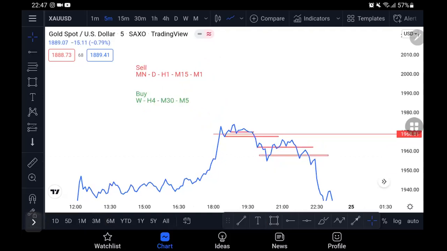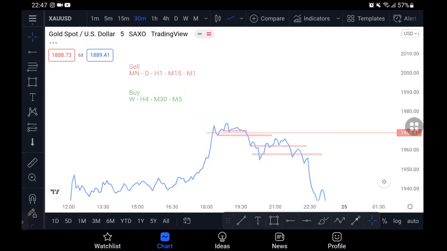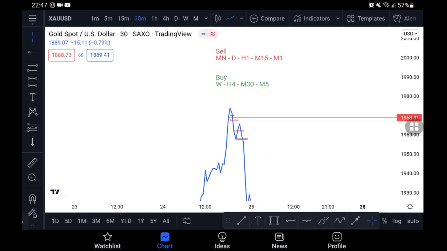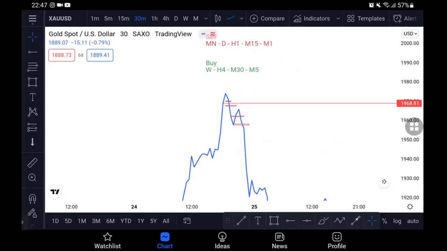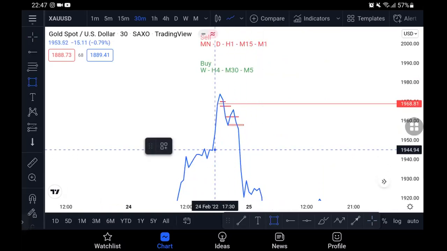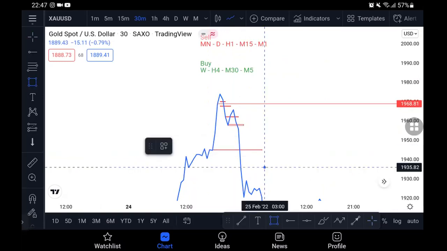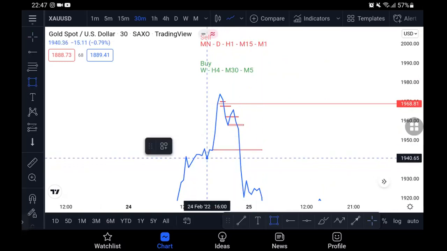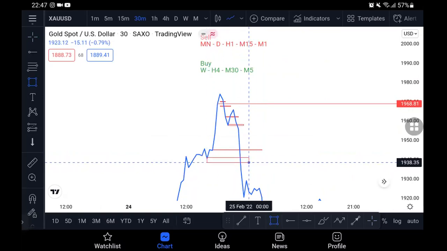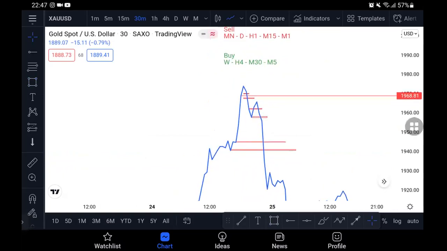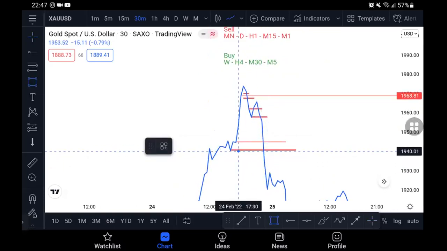So let's go to the entity back. See, what the market is giving: another breakout over here, another breakout over here. So along the way, when there is a breakout, you just look for the re-entry.